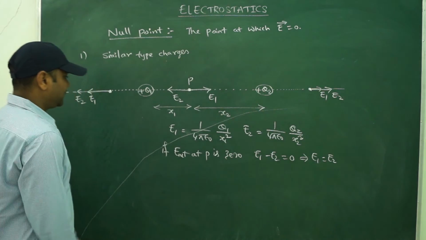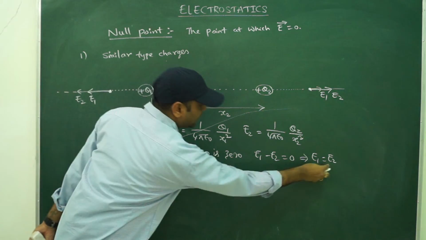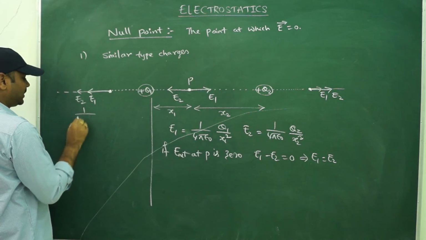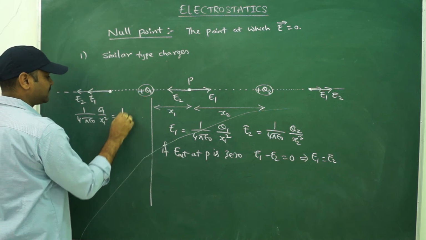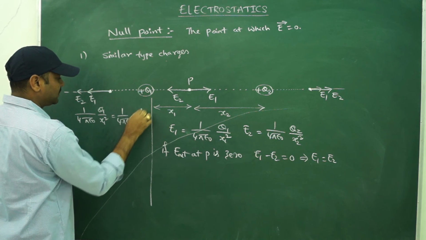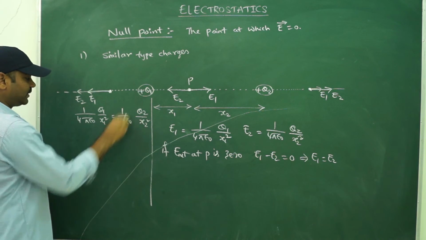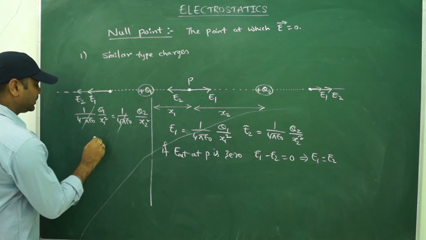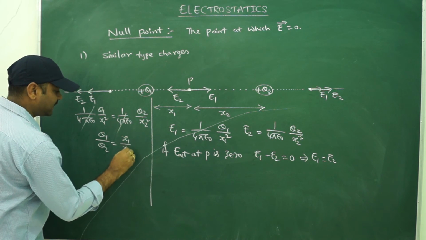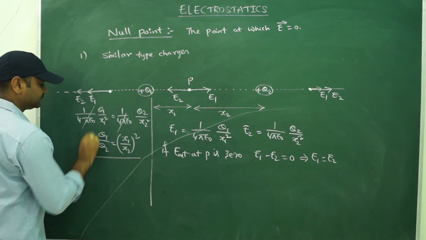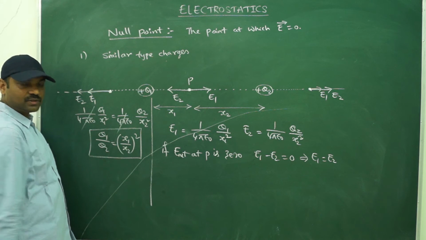Once E1 is equal to E2, I write the expressions: 1 by 4 pi epsilon naught, q1 by x1 square, is equal to 1 by 4 pi epsilon naught, q2 by x2 square. The 1 by 4 pi epsilon naught cancels out. Then q1 by q2 is equal to x1 by x2 whole square. You can check.